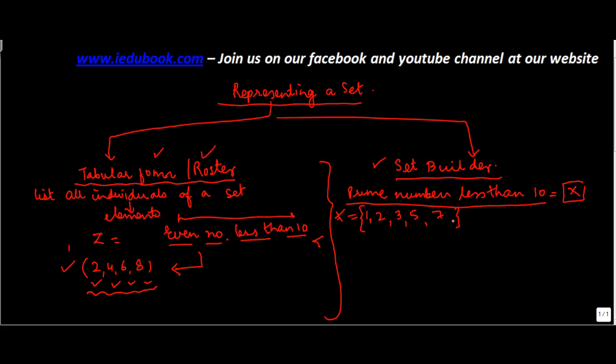Now if I write it in this form, this is nothing but the roster form. But I need to put it in a set builder form. So once you have to do it in a set builder form, you write it in the form, let's say, a is equal to x such that x is whatever.